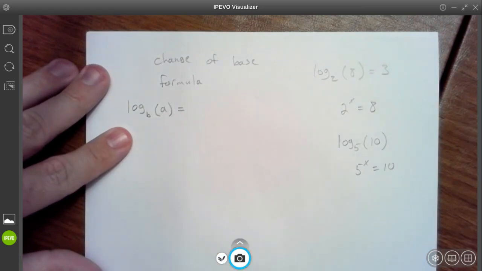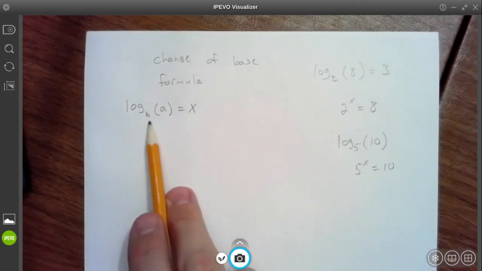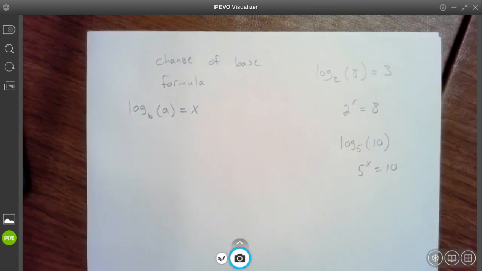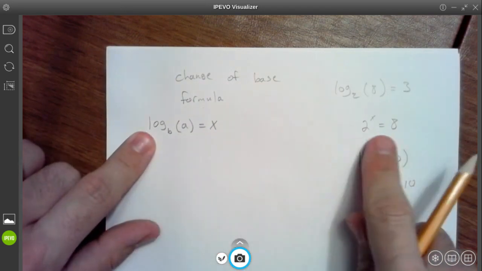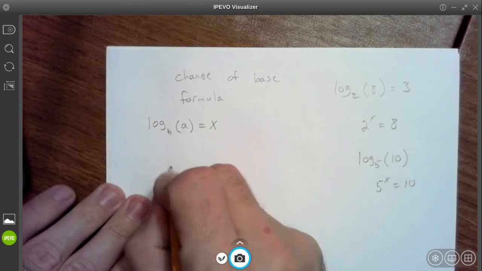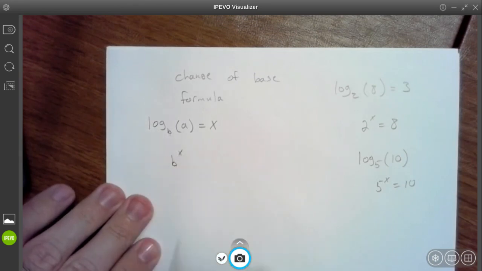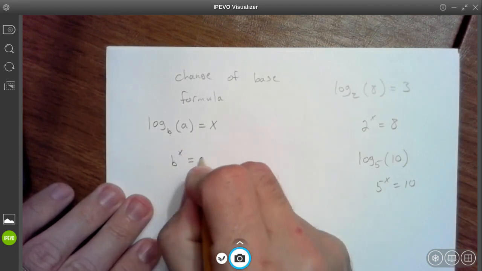I don't know what this is, so I'm just going to call it x, and I'm going to find another definition for this. So the first thing I'm going to do is rewrite it in its exponential form. So b would be my base, x would be my exponent, and a would be my answer.